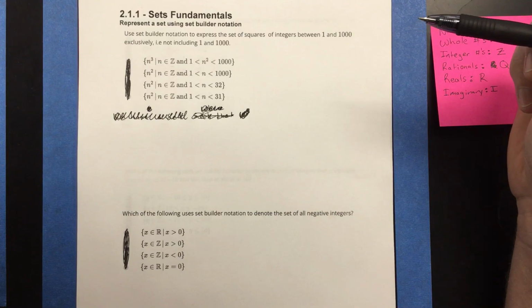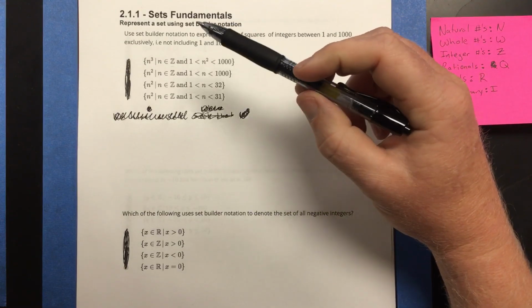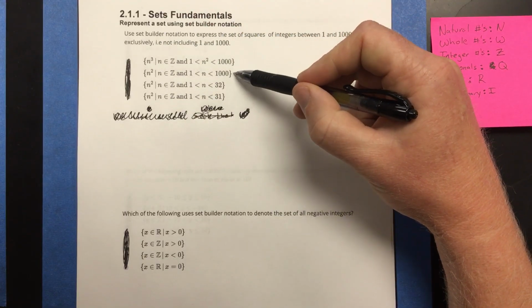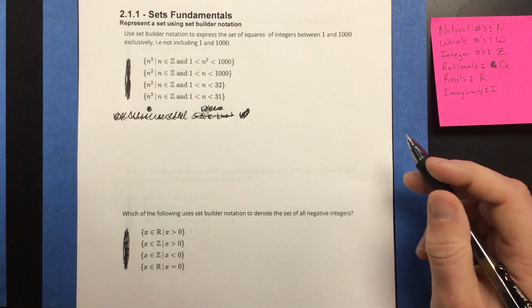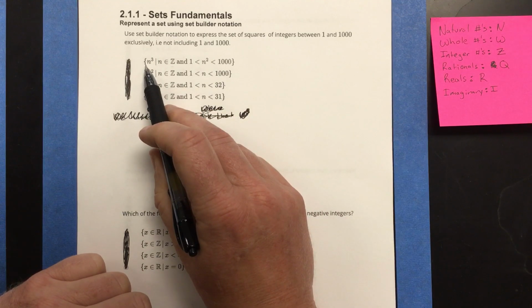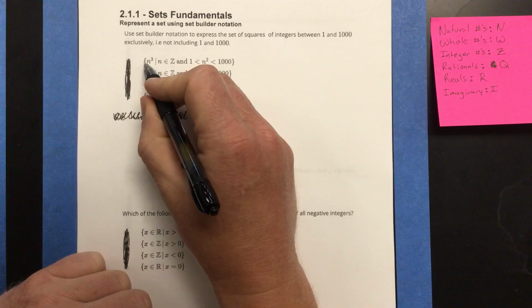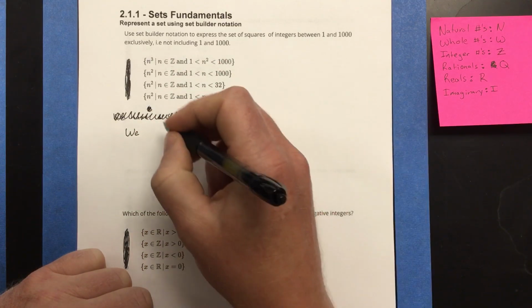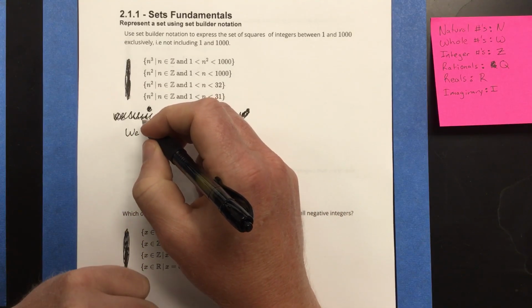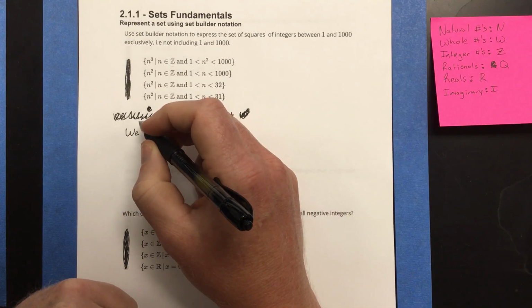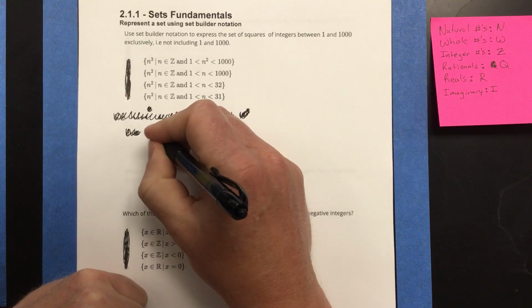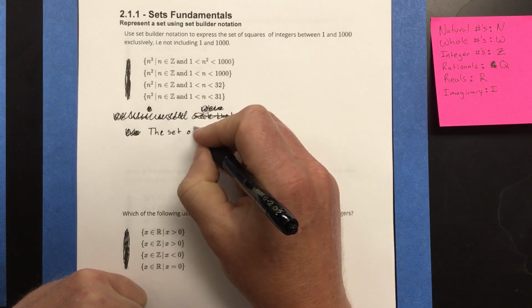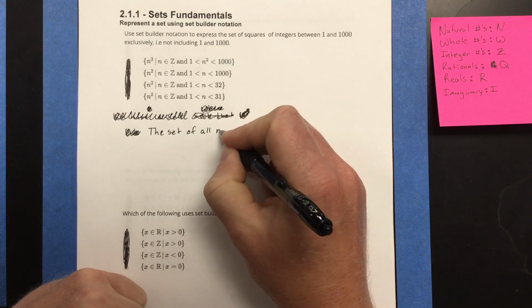So to start this problem, let's just figure out how to read set builder notation. Each one of these is set builder notation. To start, this bracket means that we have a set. So we would start by saying, let's start with the set of all n cubed.